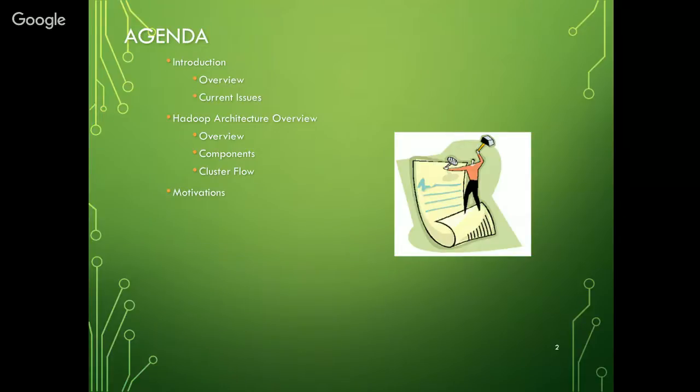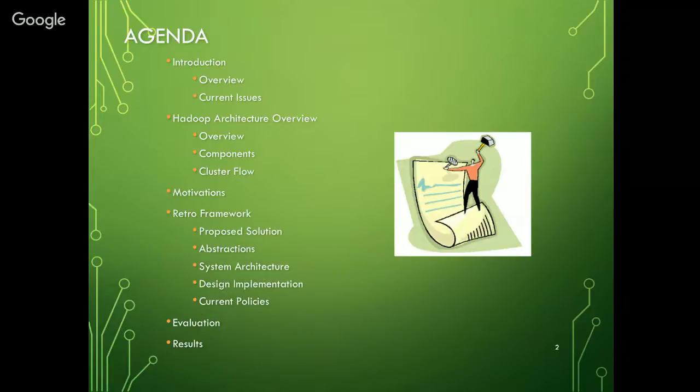We're also going to look at the motivations and the challenges that Retro is used to tackle. So what is the Retro framework? We're definitely going to look at that.